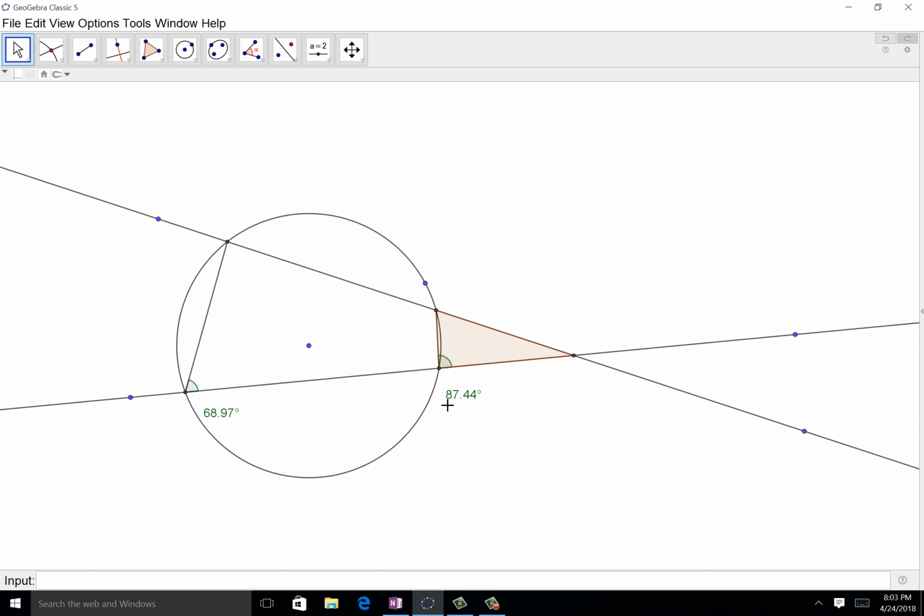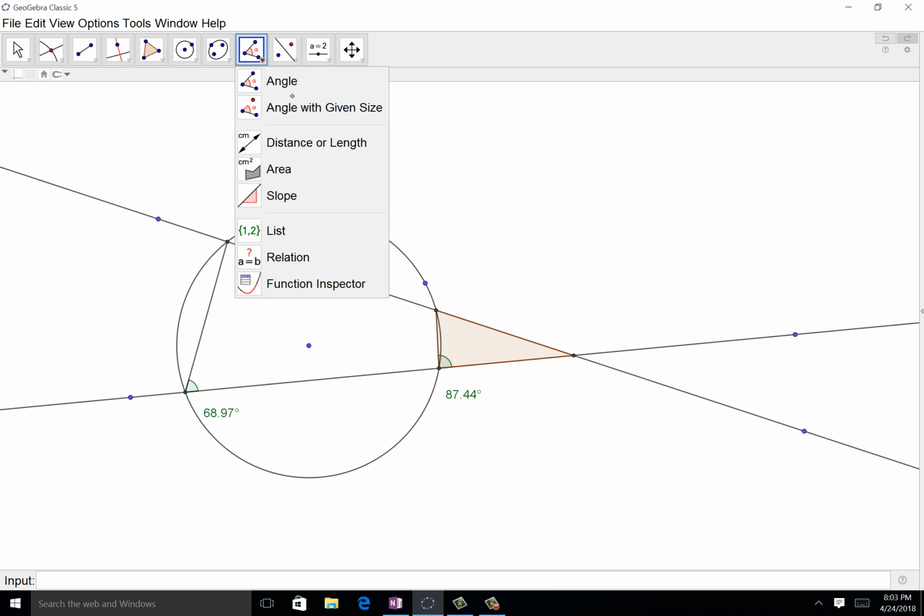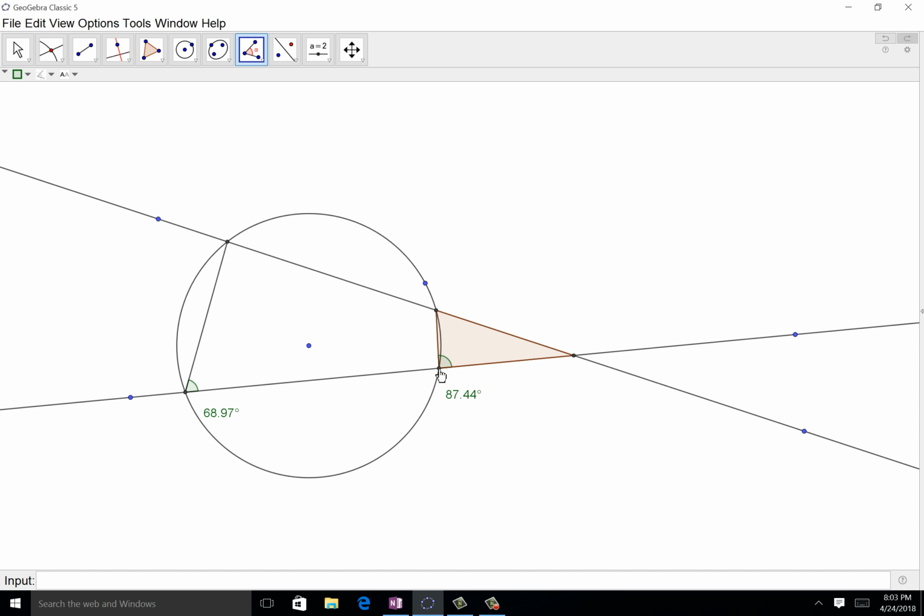So now I'm starting to maybe doubt myself. Maybe these triangles aren't similar, but let's measure these other angles, okay? So we're going to measure this one here. And this one here.